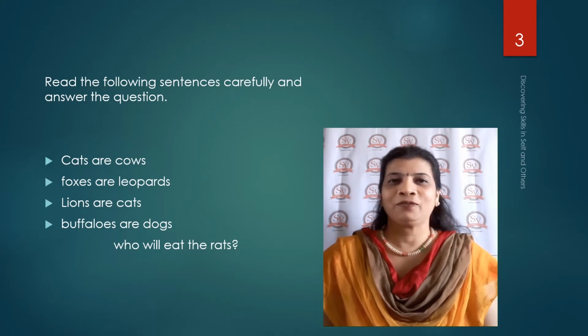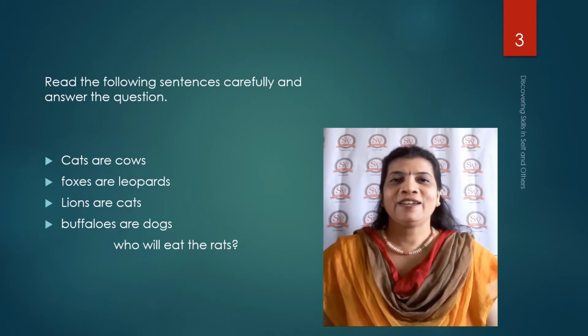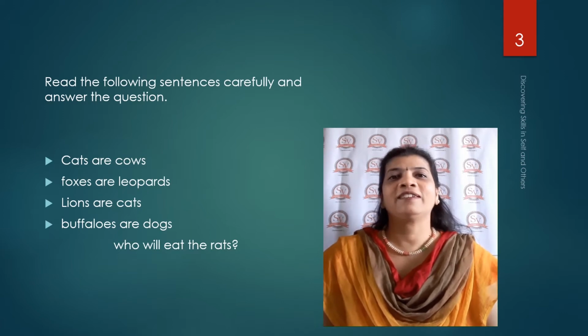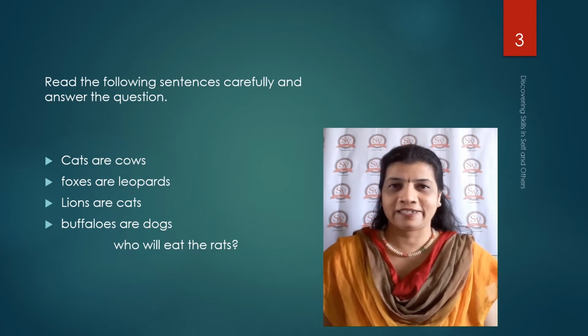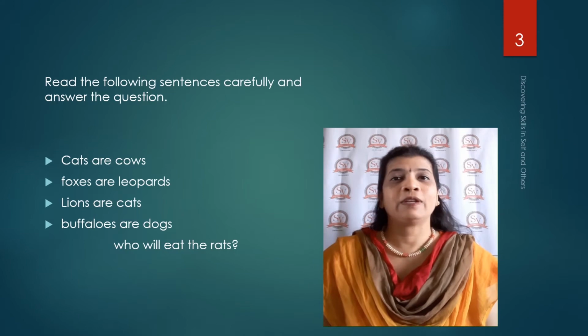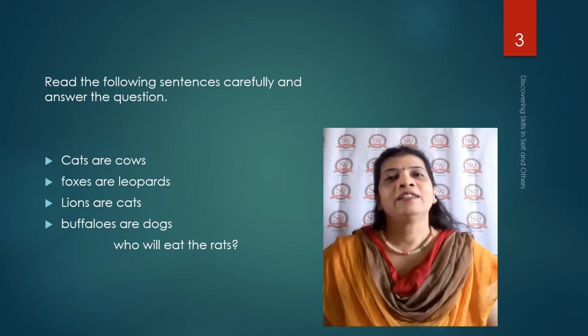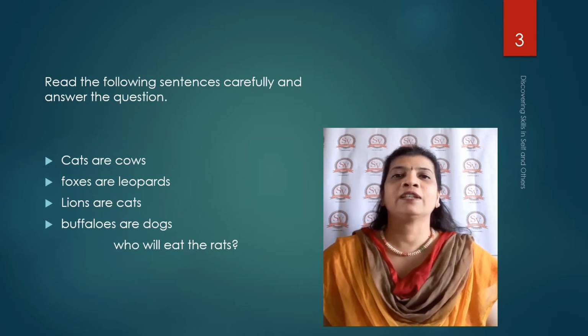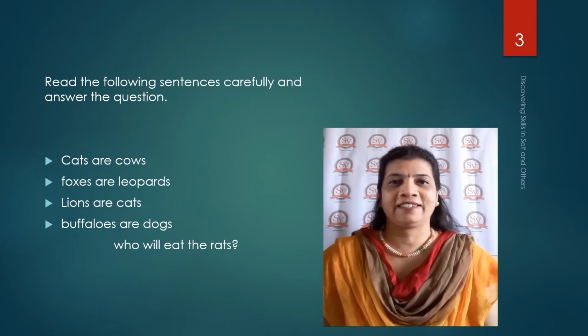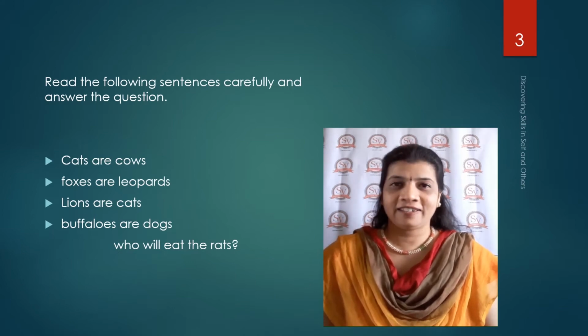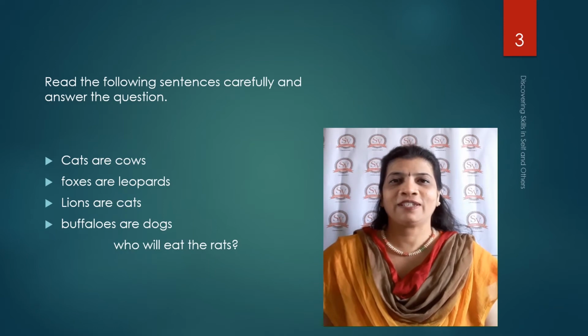I am sure you have found out the answer. It is lions. It's good to know that we can read, we can relate the sentences when we read. And then comes a question and we can solve the question correctly. Another great skill you have discovered in yourself.